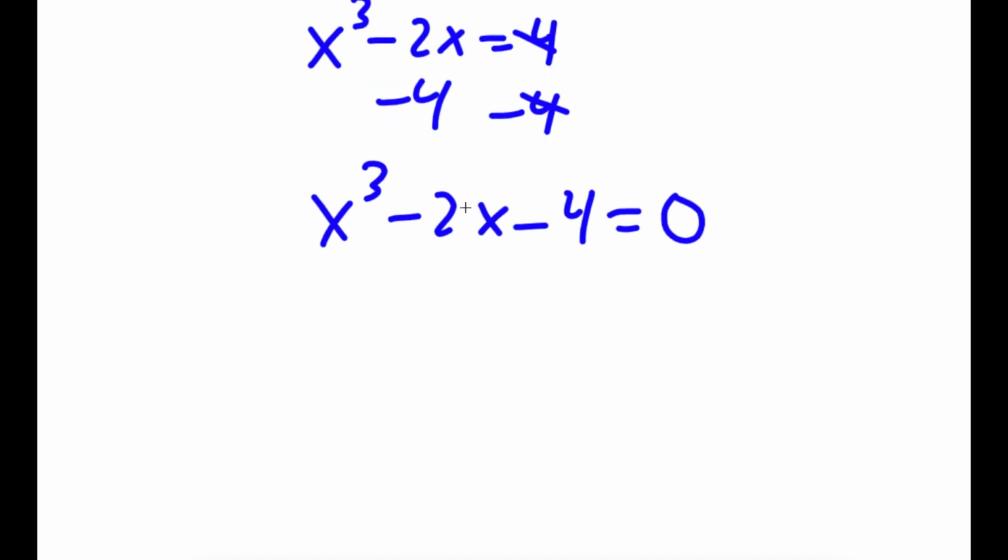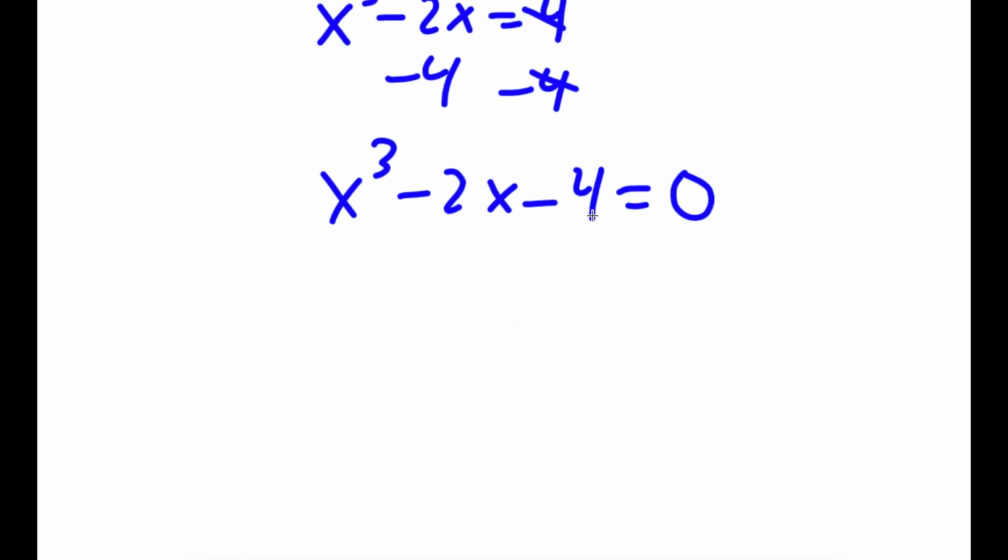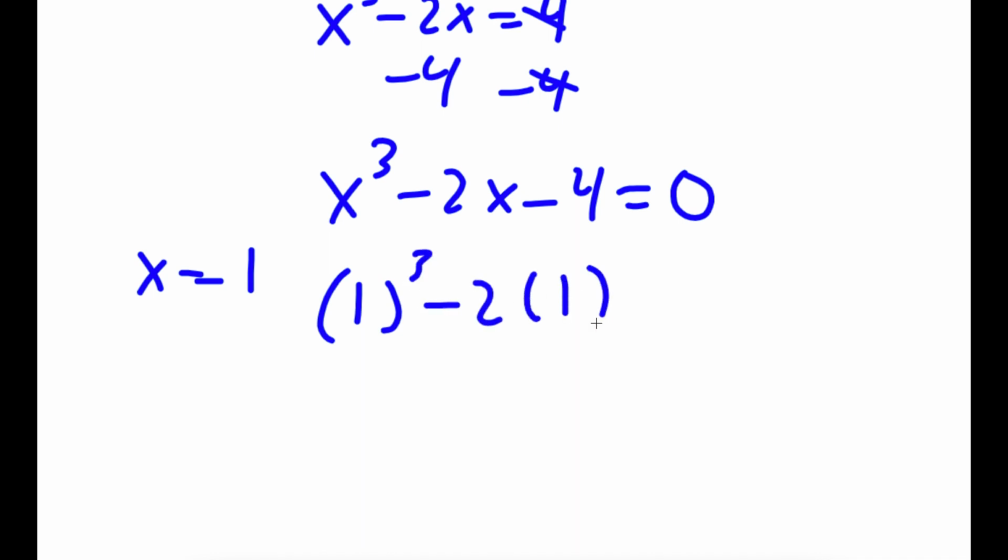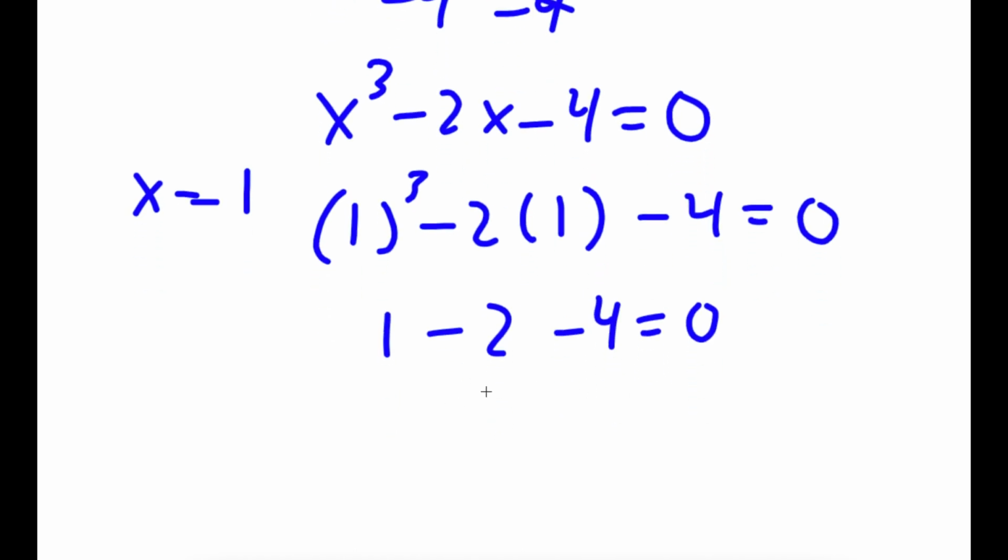So to actually solve this, I'm going to first start by getting one value of x, and then using that value, I'm going to get the remaining values. To get that one value, I'm just going to have to test values out. So let's first start by testing x equals 1. If x equals 1, we have 1 to the power of 3 minus 2 times 1 minus 4 is equal to 0. 1 to the power of 3 is 1, so I have 1 minus 2 minus 4, which is negative 1 minus 4, which is equal to negative 5.